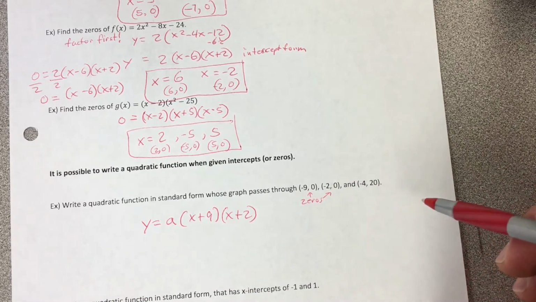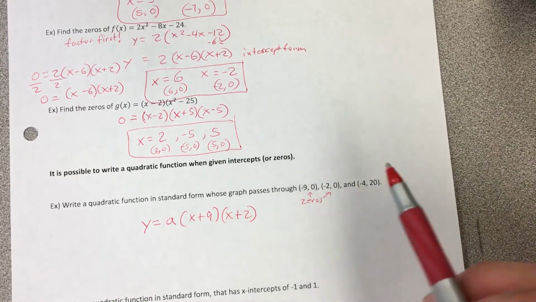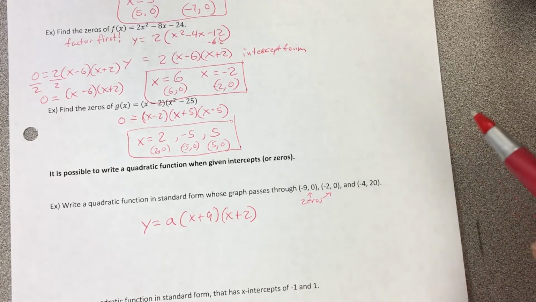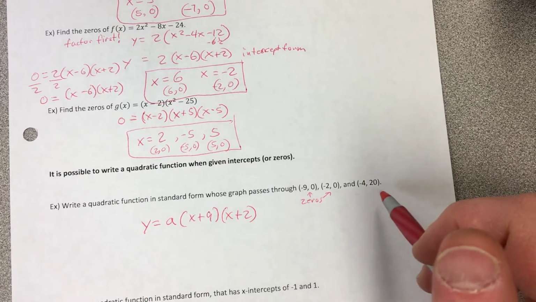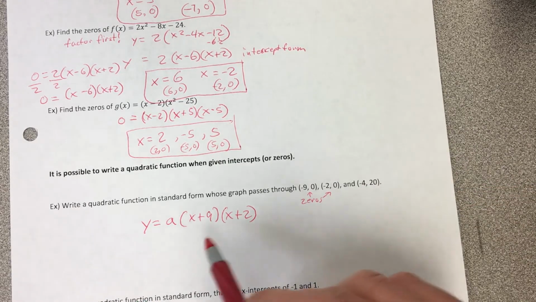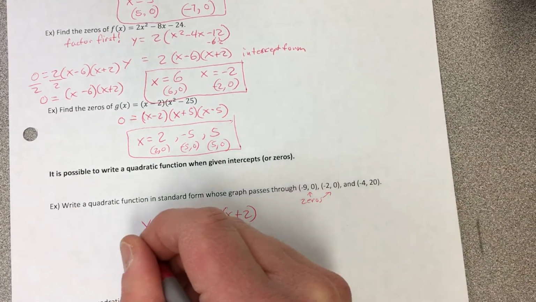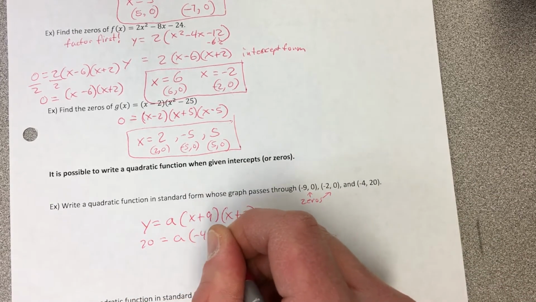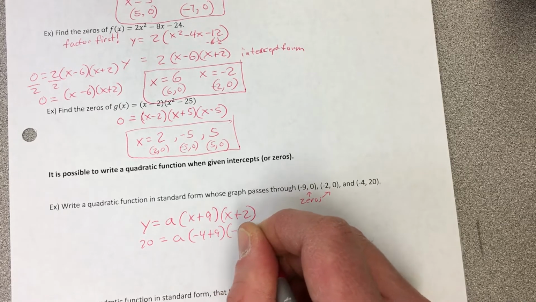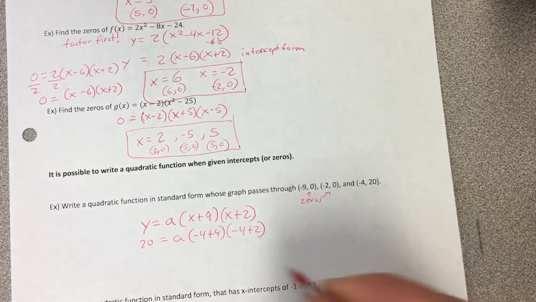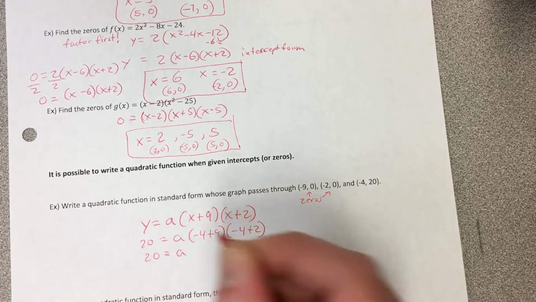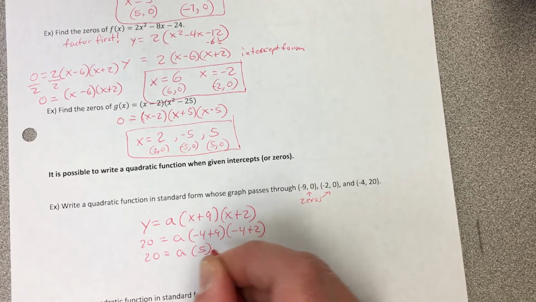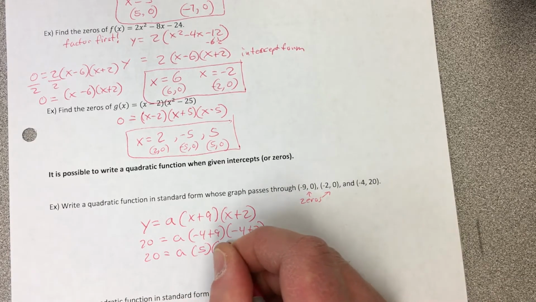But since we're given that negative 420, we're going to be able to accurately solve for a by temporarily putting negative 420 into our equation and then solving for a. So we're going to go negative 20 equals a, negative 4 plus 9, negative 4 plus 2. We'll simplify it down. We'll get 5, negative 2.